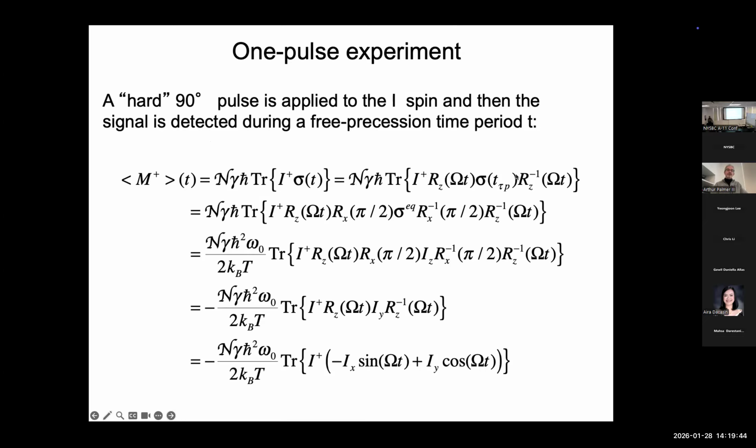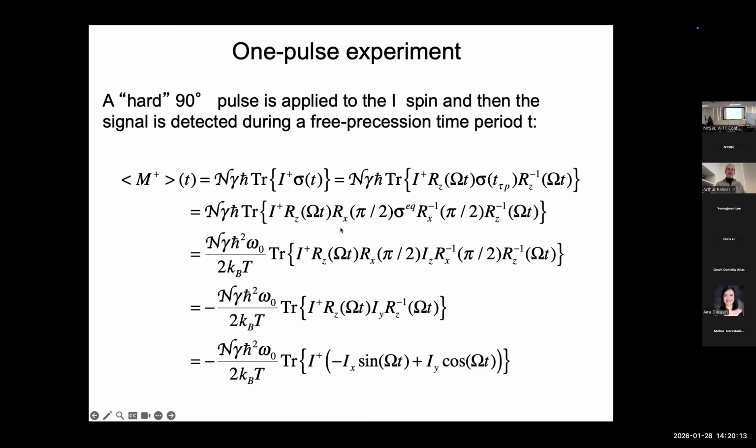During acquisition, sigma evolves by rotating around the z-axis, the IZ axis, with a frequency given by omega in the rotating frame. And the initial density operator at the start of acquisition is the density operator that we got after the pulse.